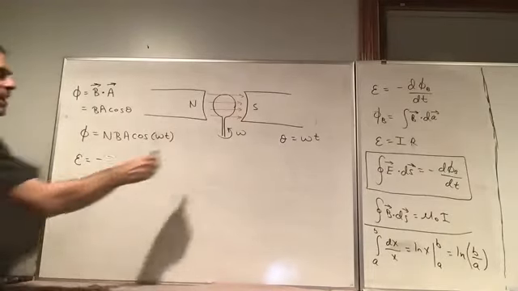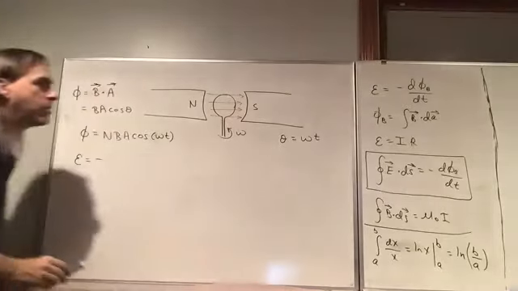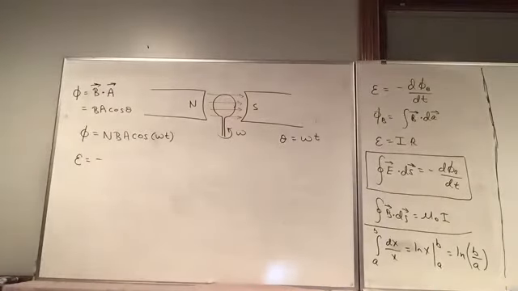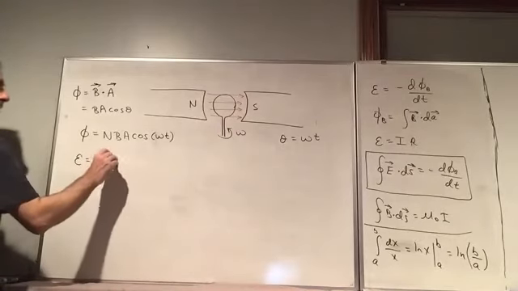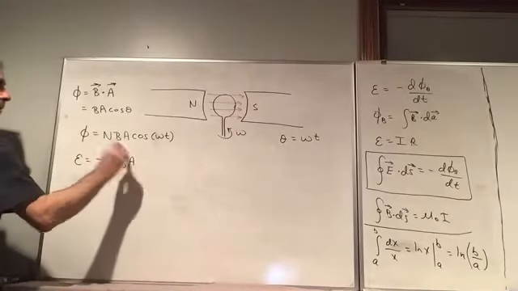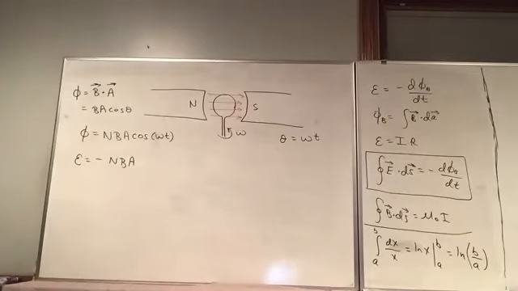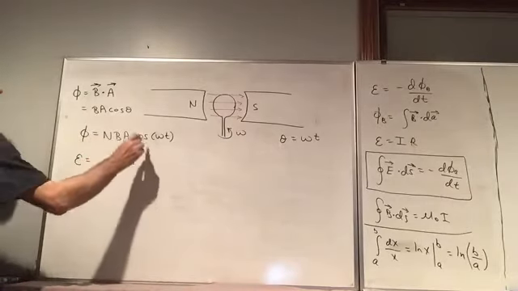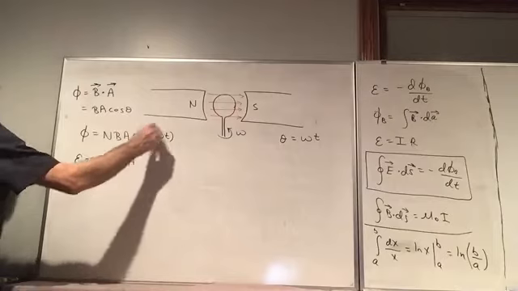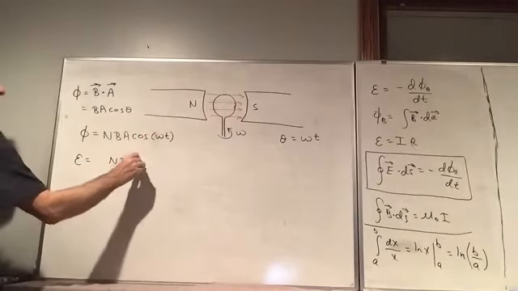And so if we rotate this coil at a particular rate, then the EMF is minus NBA. Those are constant, so we just take them out of the derivative. Derivative of cosine is minus sine, and then by the chain rule, we have this omega.